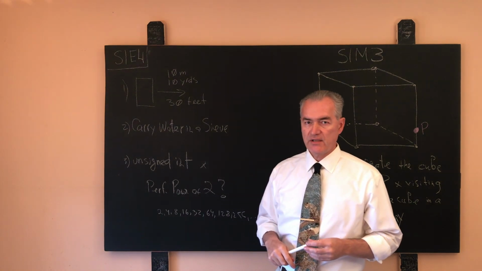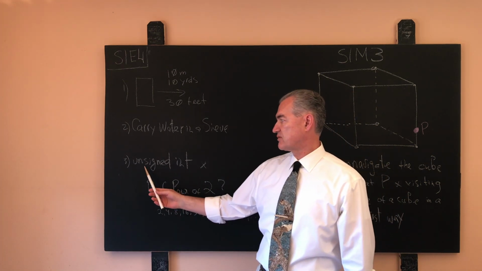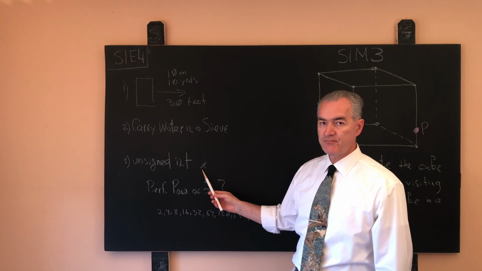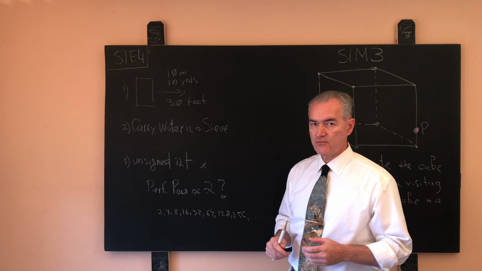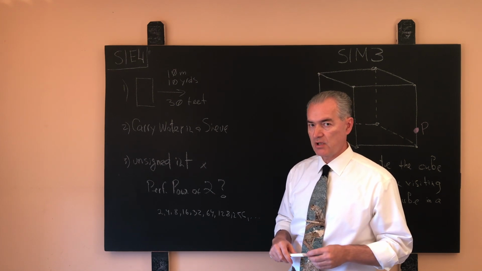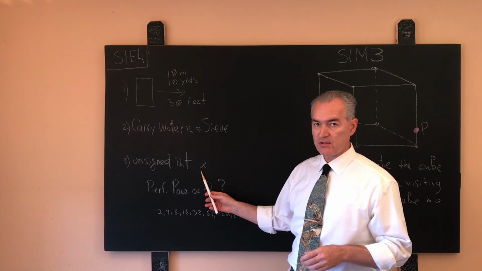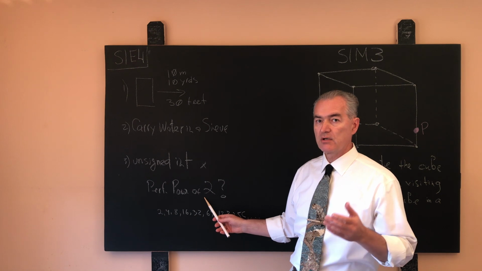And the third fun exercise is slightly more formal. Here we suggest that if you are given an unsigned integer called x, then you should write a little bit of, for example, C-like code that detects whether that particular unsigned integer is a perfect power of 2 or not.